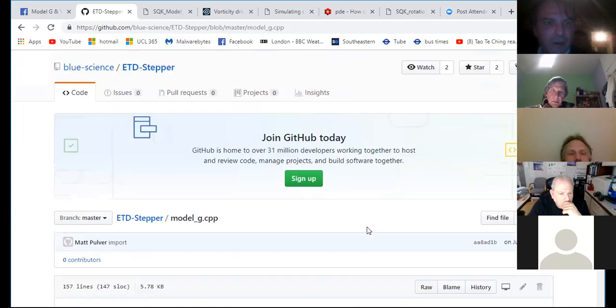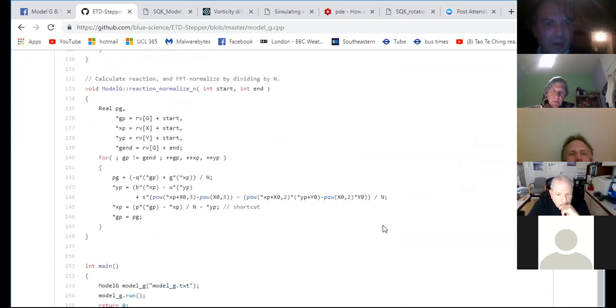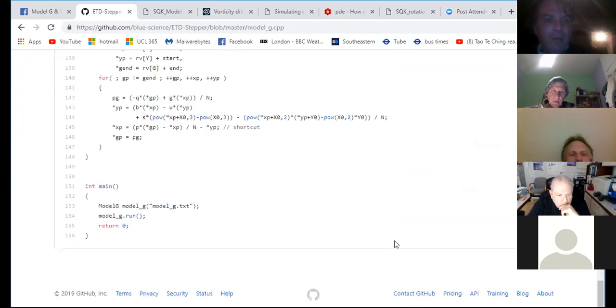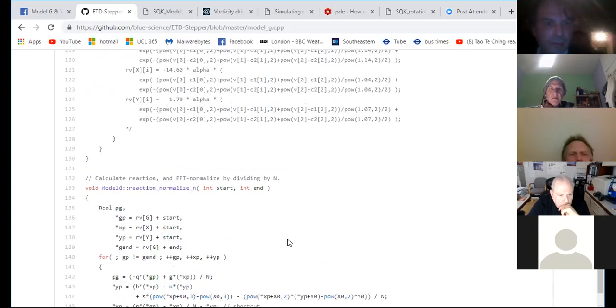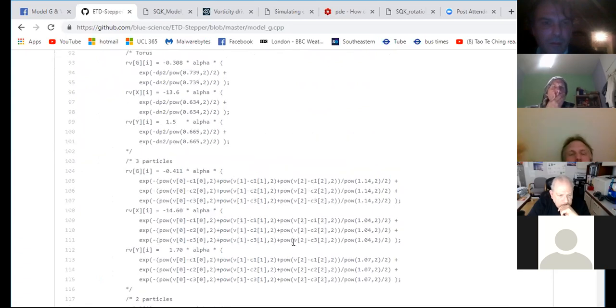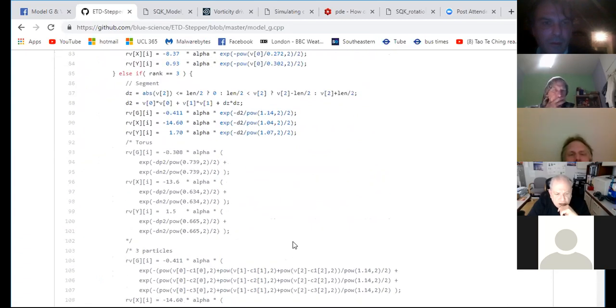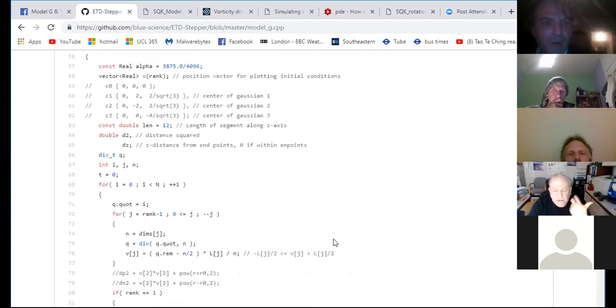Down, further down. Is it here? No. I believe the model G are the equations that he put out. I believe the other code is the code that he got from other locations in order to do the simulation.